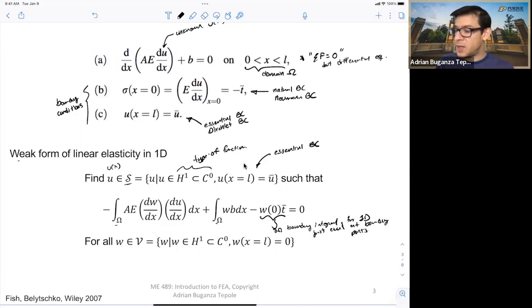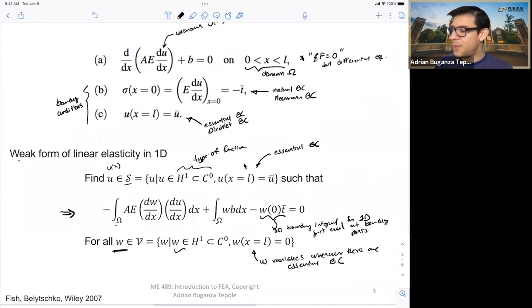So this equation right here has to be satisfied for any W function, with the only condition that this W function satisfies that whenever there are essential boundary conditions, the W vanishes.